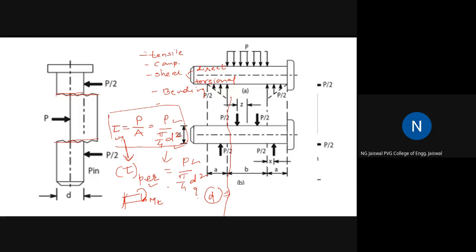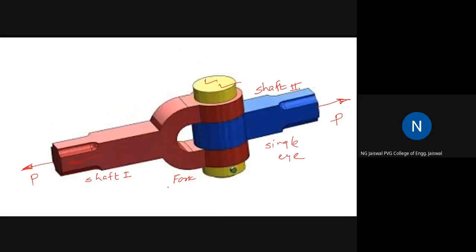Similarly, at the next stage, let us see another way of looking at the same component. Suppose it is quite possible that there is some clearance between the fork diameter and this pin diameter, so that the pin can have some relative motion inside this fork.